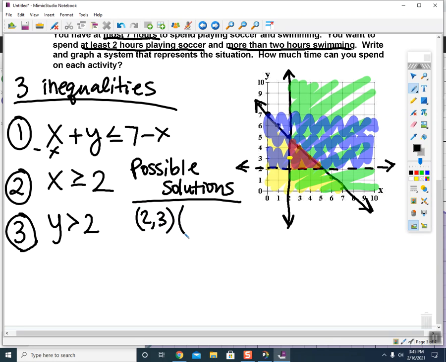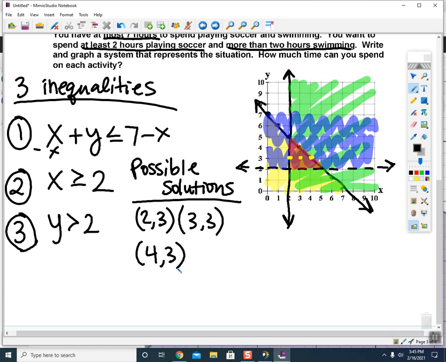I could have a solution at 3, 3, which means that I could spend 3 hours doing each. I could have a solution at 4, 3, right here. Okay, there's a couple others. I think there's about a total of 6 different solutions, if we're using whole numbers, so we could obviously use fractions and it would look different.